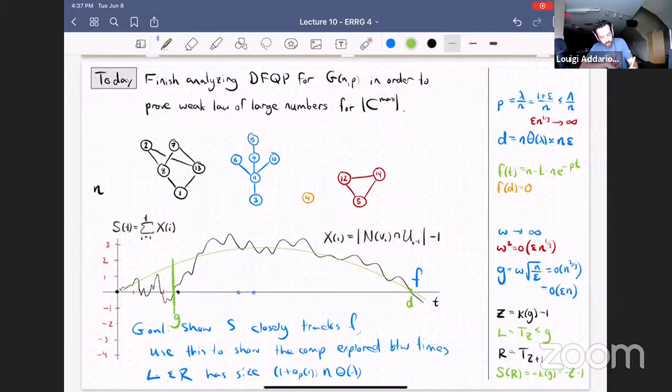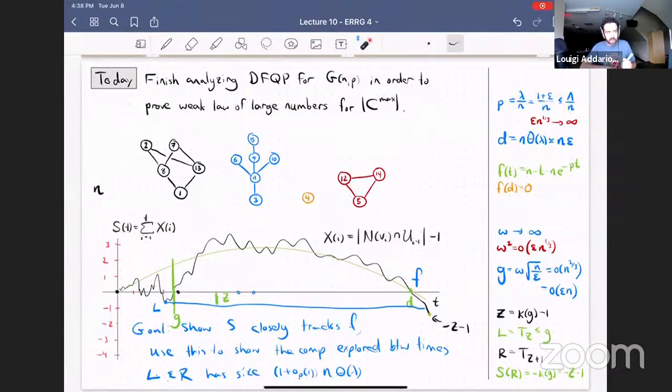Then we defined the time L. It was the last time we hit a running minimum before time g, and then time R will be the first time after that we drop below level L. This depth here was Z, and so we finish exploring that component, which is being explored at time g, when the process S hits minus Z minus 1. So S of R is minus Z minus 1.